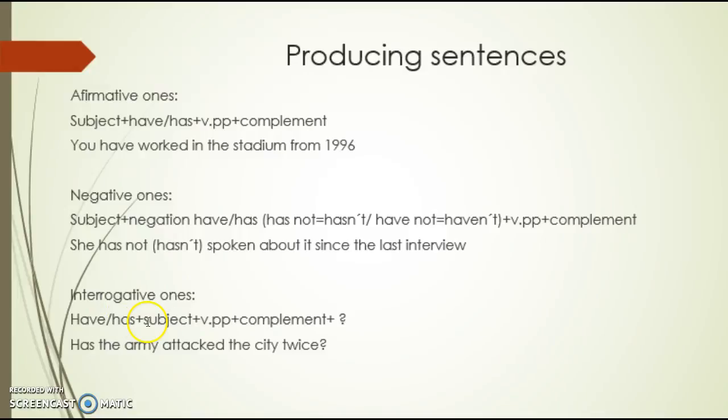So you always put the conjugation of the verb according to the subject, and then you put the verb in past participle and the complement. And it is very important to put the question sign. Okay, so as an example: has the army attacked the city twice? So it's correct. Okay.